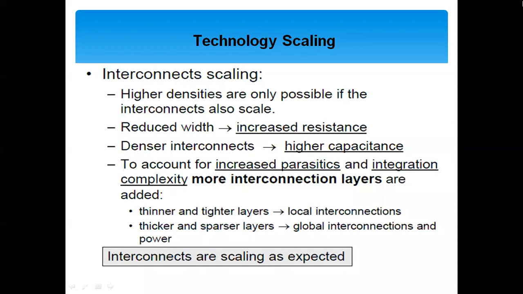These higher densities are only possible if interconnects are also scaled, right? That means if you have two MOS transistors and you have scaled them down, what about the interconnecting wires or paths that connect these two MOS transistors? You have to scale those down also, right?